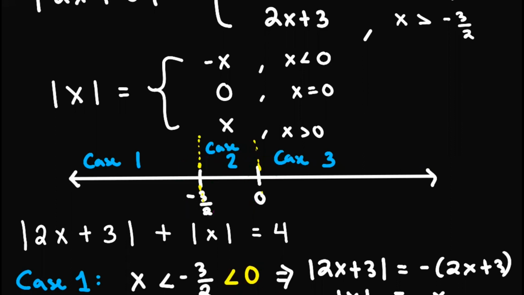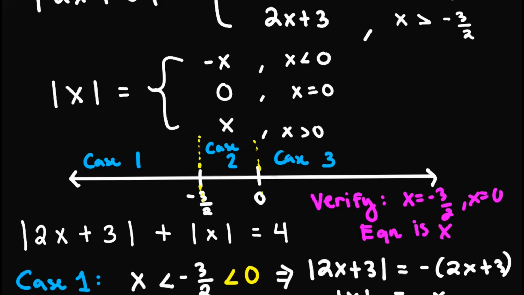But it can be easily verified that at x equals negative 3 over 2 and x equals 0, the outcome will not be equal to 4. So you can verify that one. Verify that at x equals negative 3 over 2 and x equals 0, the equation is not satisfied.